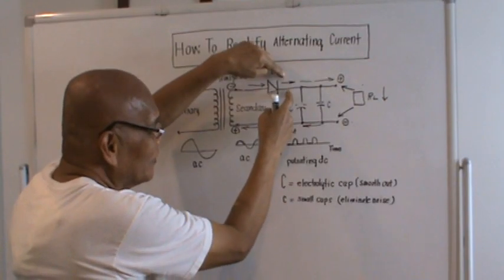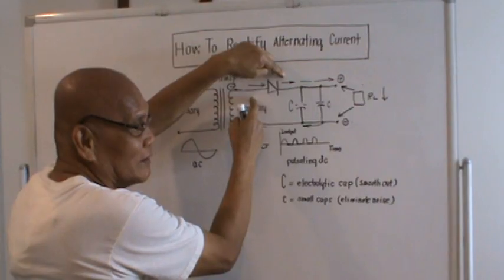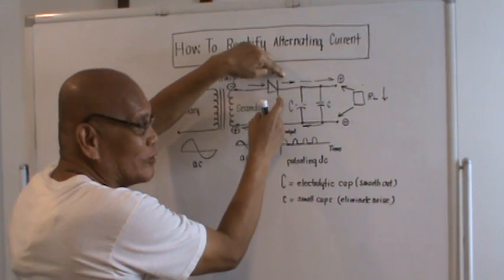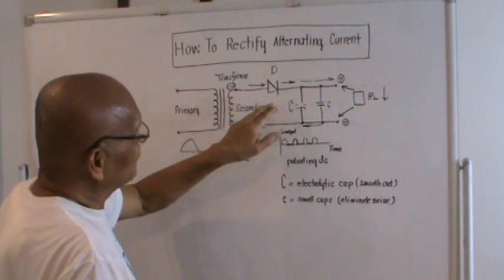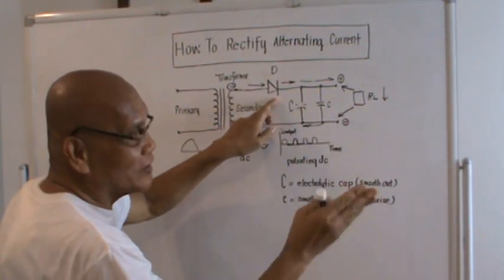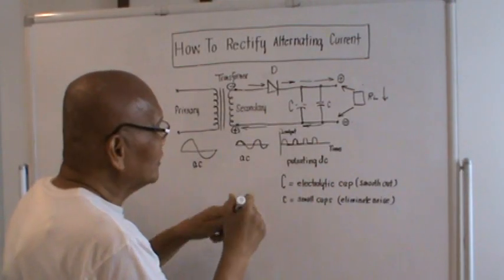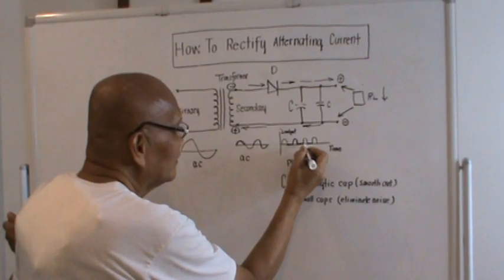And since this direction in the negative alternation is actually the reverse of the conduction direction of this diode, it could not pass through the diode. So for the negative alternation, it could not pass through the diode, so it seems the circuit is off. And during that time, there is no current output, and that time is actually represented by this one here. Okay?